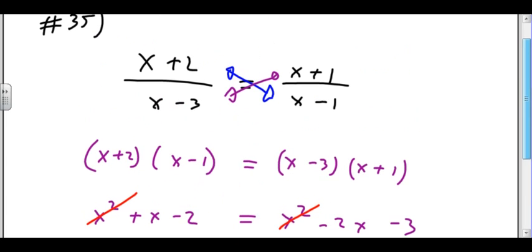And now we'll go back to the original problem and see if I can enter it in my calculator without fat fingering a key. Okay, so I got parentheses, x plus 2, close parentheses, divided by parentheses, x minus 3, close parentheses, equals parentheses, x plus 1, close parentheses, divided by parentheses, x minus 1, close parentheses.